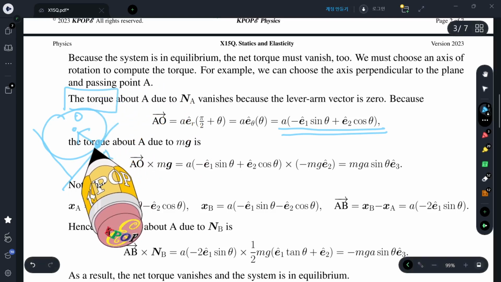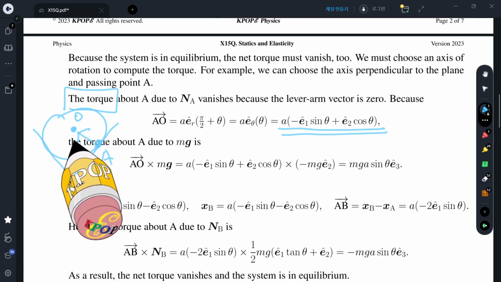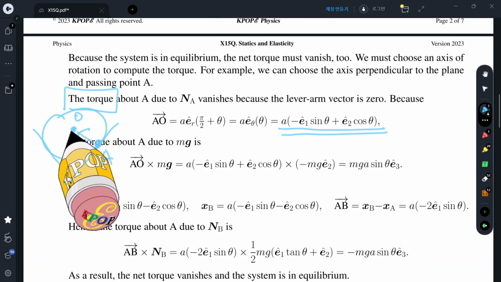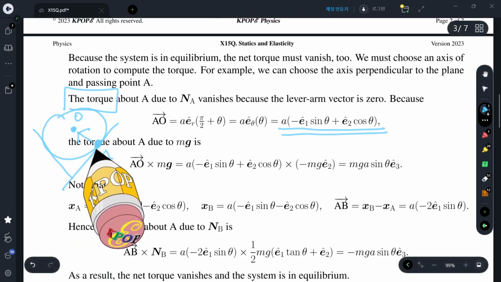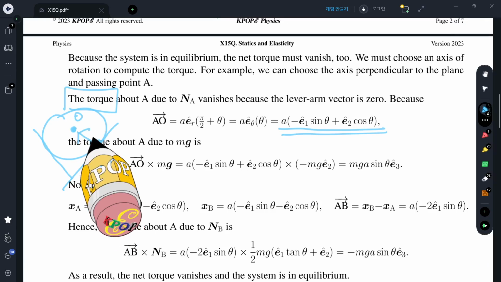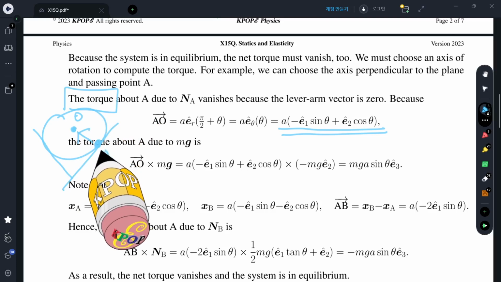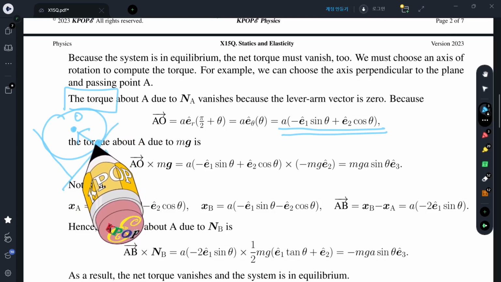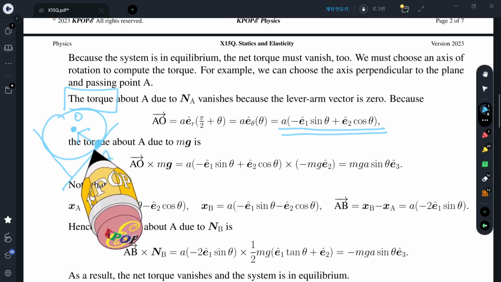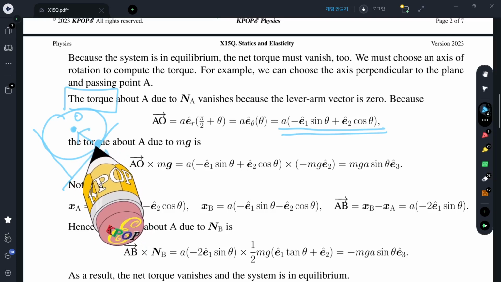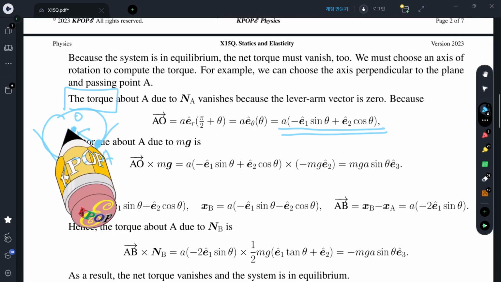So we do not choose the reference point to compute the torque as the center of mass. Instead, we have chosen this point. When solving a problem regarding torque, it depends on the reference point through which the axis of rotation passes. So we should be careful. We do not want to change the axis of rotation part by part.